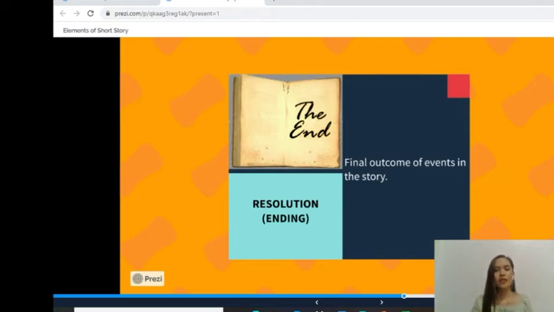Because at the end of the story, the learner or the reader should be able to have some realizations or learnings about a particular short story. And that is very important because one of the aims of the short story is for the reader to acquire some comprehensive learnings and moral lessons that the short story can give them.